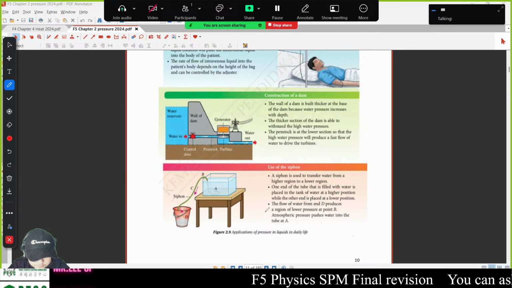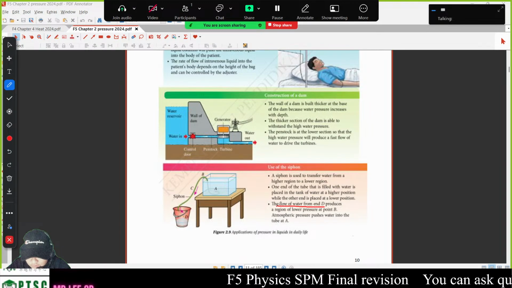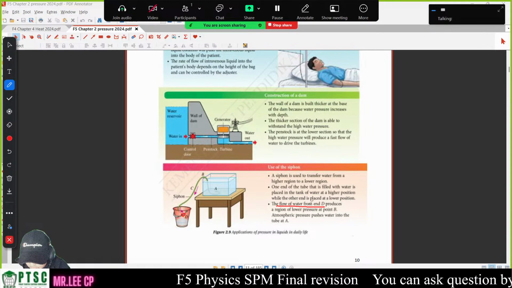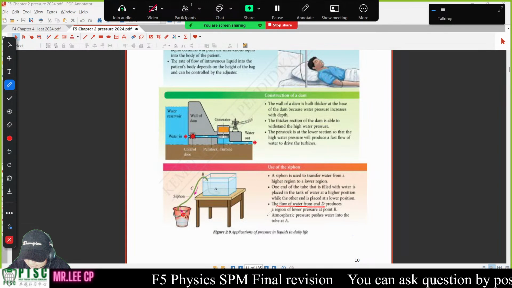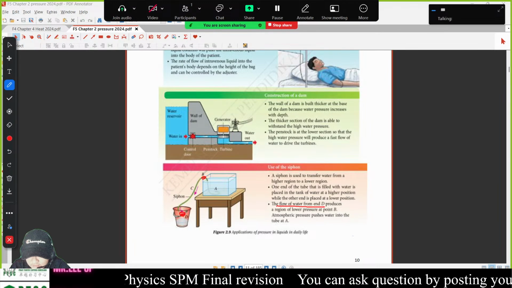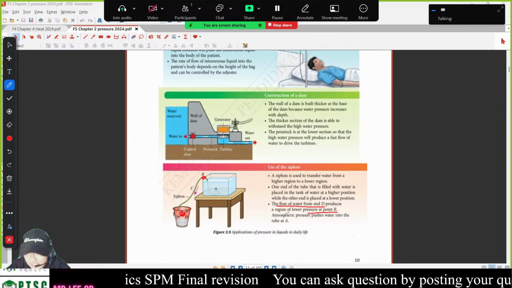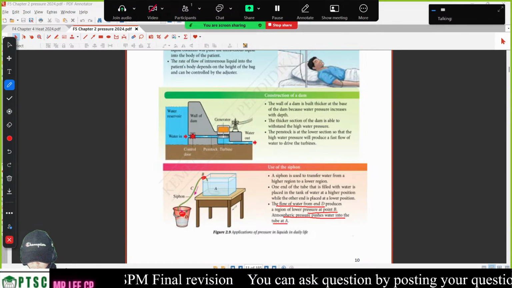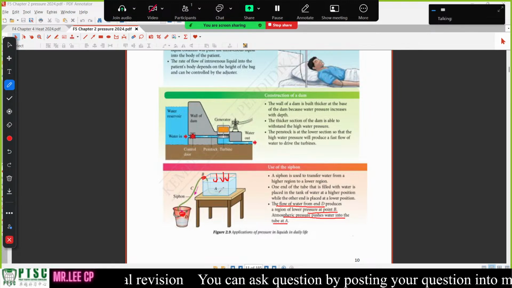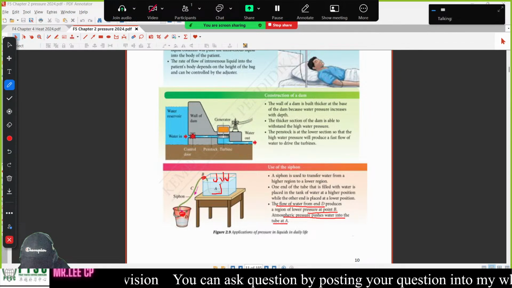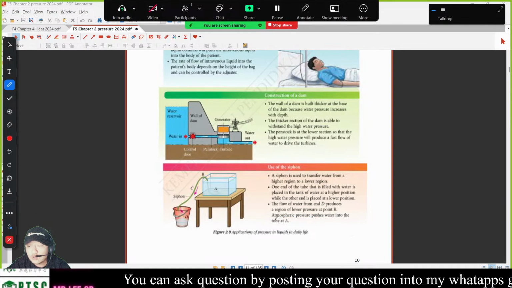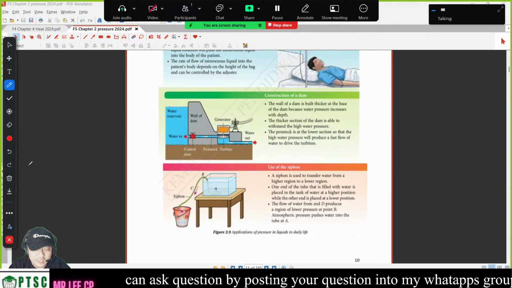Next, the flow of water from end D produces a lower pressure at point B, and then atmospheric pressure pushes the water into the tube A. Atmospheric pressure presses the water to flow into the tube and then flow out. This is not so complete, so let me explain in detail.